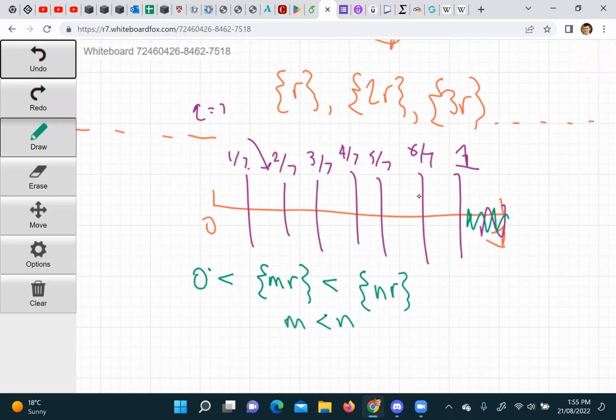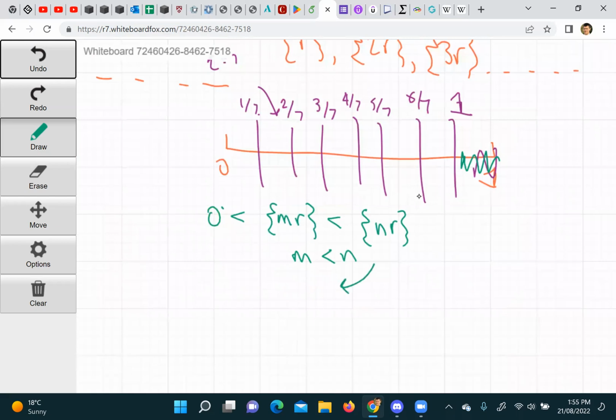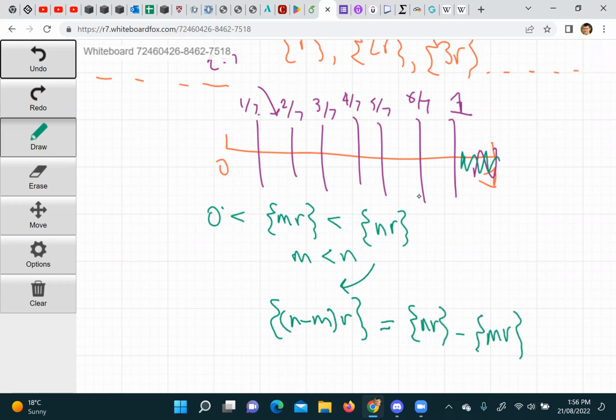If m is less than n, and 0 is less than the fractional part of mr less than the fractional part of nr, then when you do n minus m, you get the difference. But you have to make sure they go in the right order.